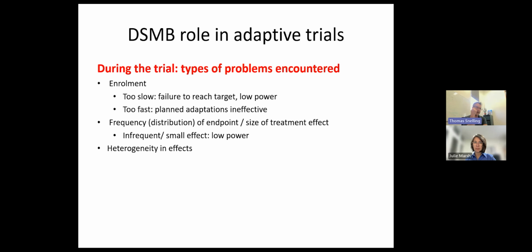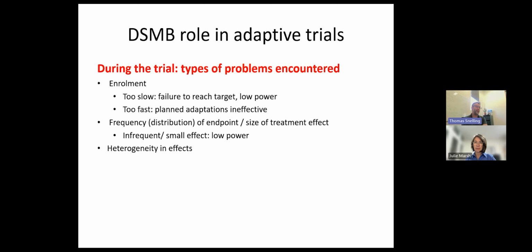And again, often in order to try to increase the likelihood of still having a usable and useful result from the trial, there are all sorts of things that people try in that context. Sometimes just expanding the sample size. Sometimes, depending on the endpoint, following up for longer, and each of those decisions can have impacts on the operating characteristics of the trial that need to be fully understood before they're implemented.